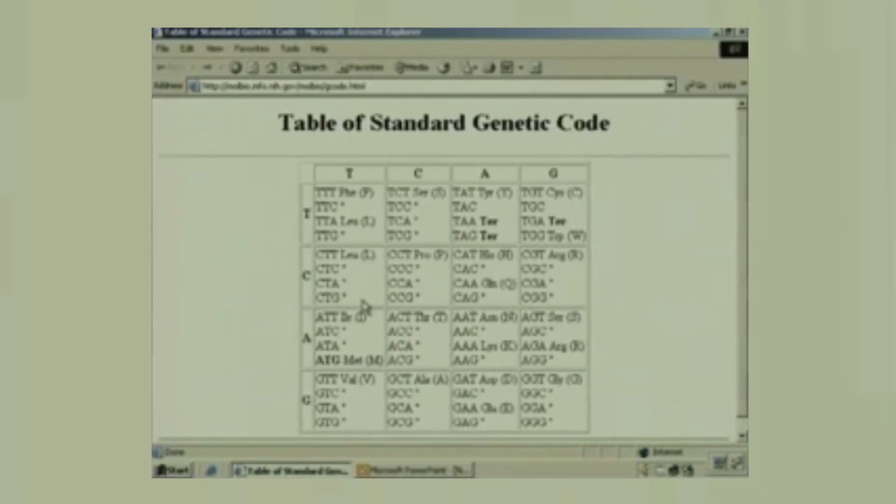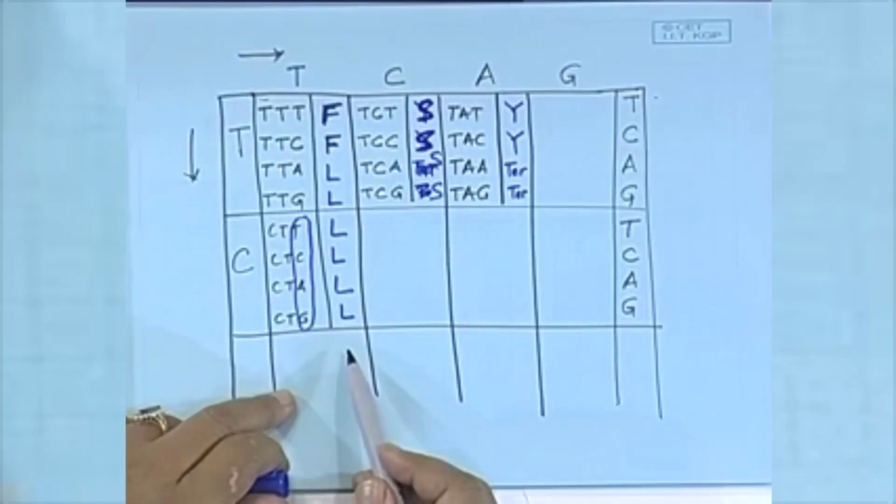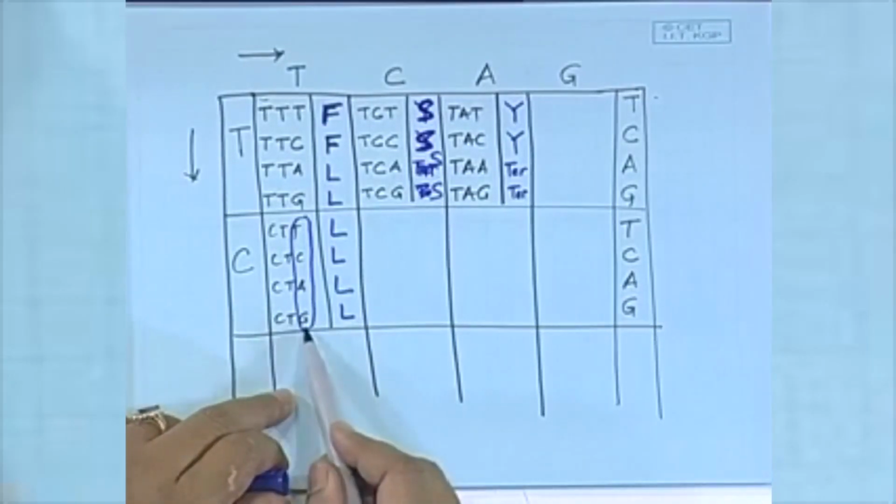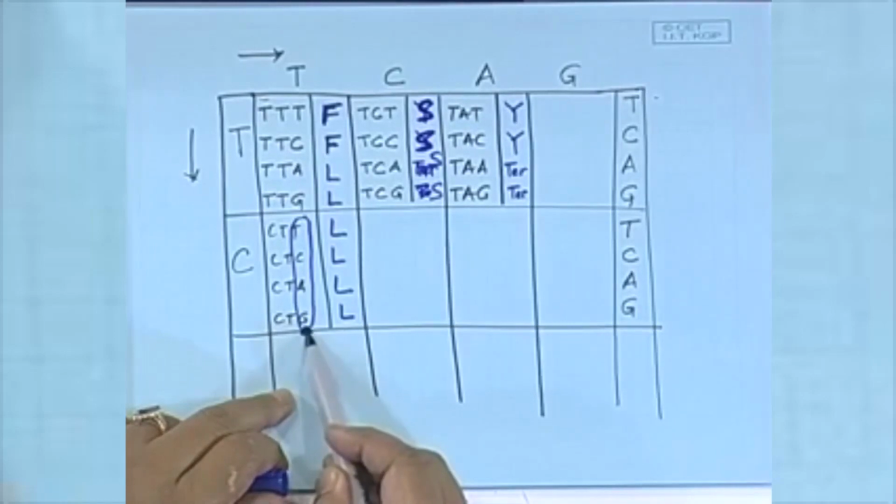Now, the interesting thing here is that for this case the third base actually does not matter. Why does the third base not matter? If you look at the leucine codes, CTT, CTC, CTA, CTG all give you leucine, right? So it means that this base may be something else. And where is this base?